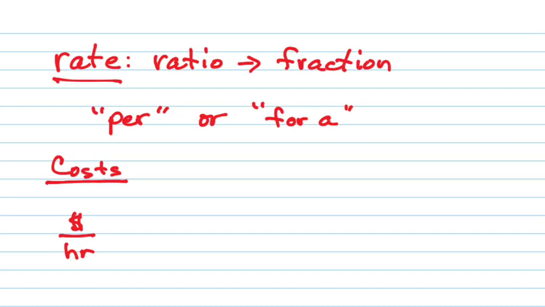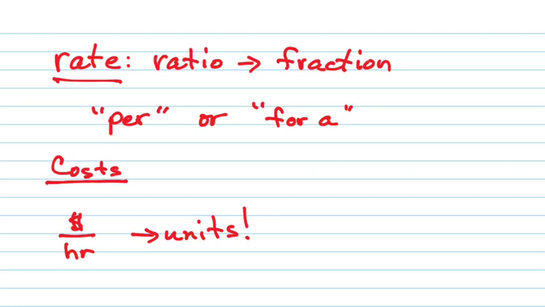All right. So when you're working with rates, what's important is that you always put in the units. Okay? So that you know that you have the rate in the proper order. So, for example, if we're doing dollars per hour, that would be the number of dollars you get over the number of hours.